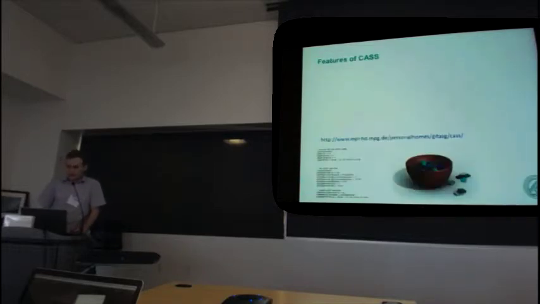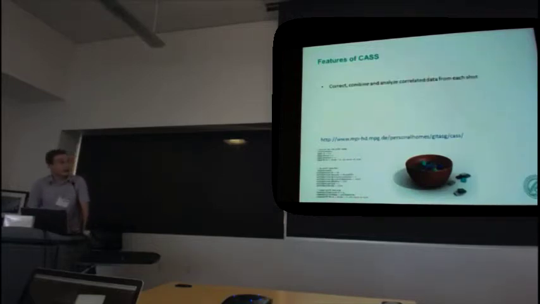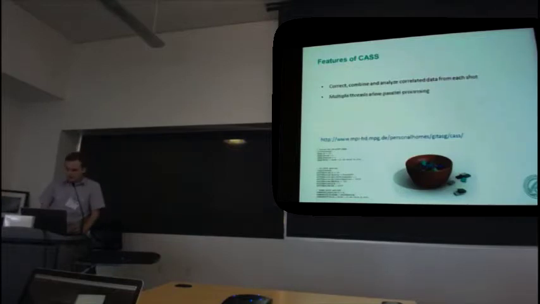The features of CASS include that it is used to correct, combine and analyze correlated data from each shot. Another feature is multiple threads for parallel processing of all of this data.